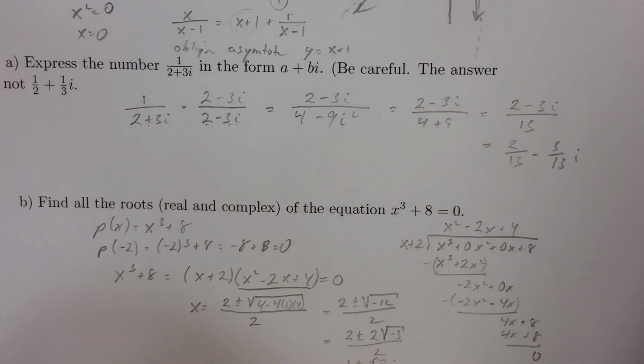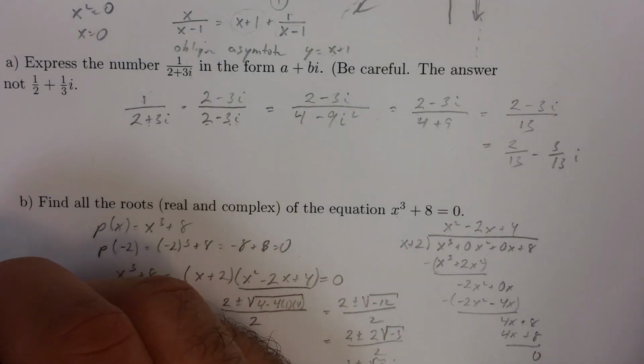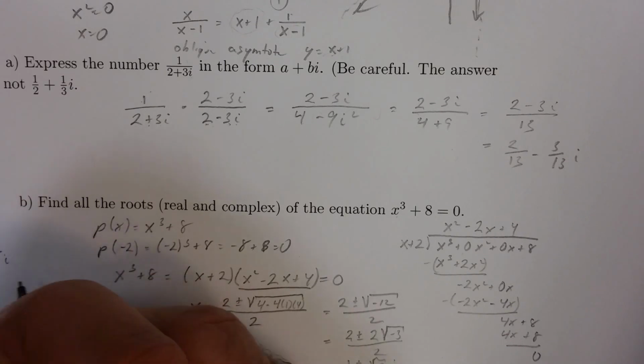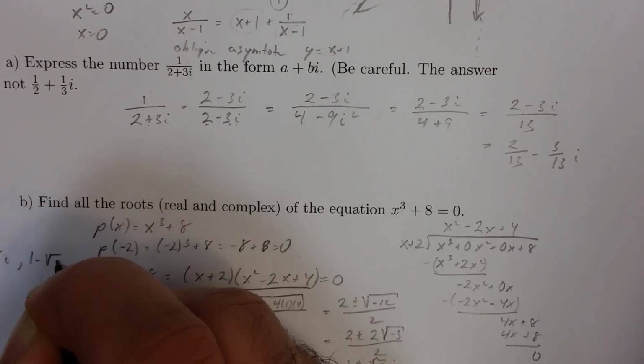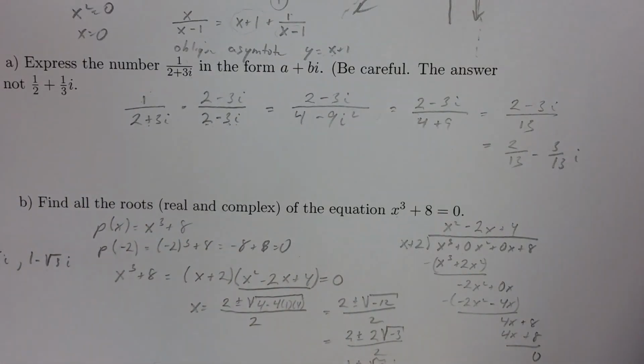So minus 2, and then 1 plus root 3 i, and 1 minus root 3 i. Hopefully that's all visible. All right, let's take a look at the next page.